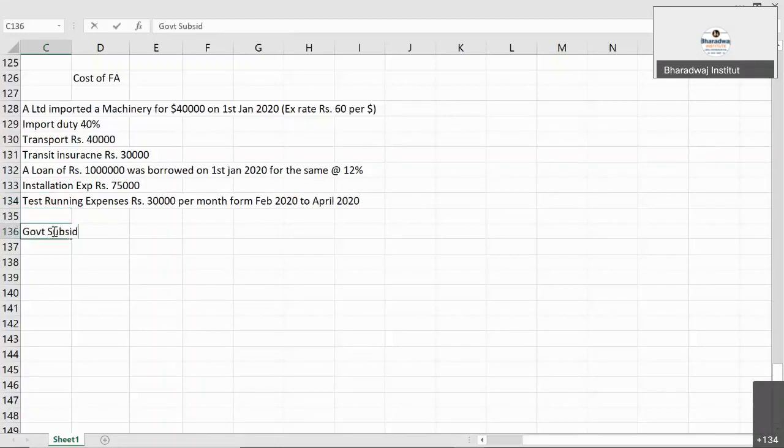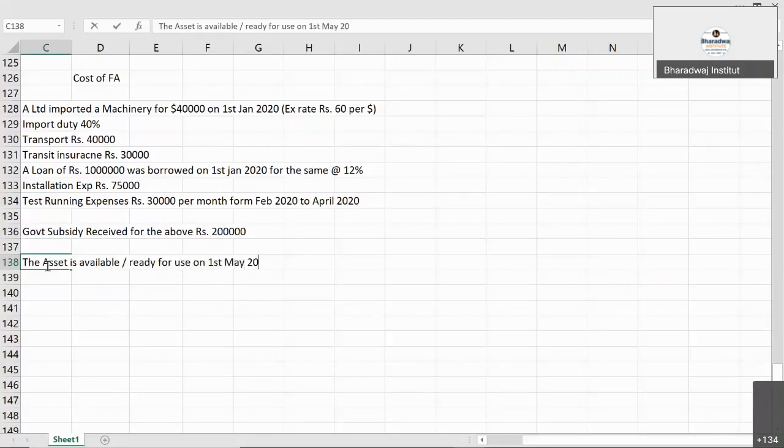Government subsidy received for the above is 2 lakhs. So find out the cost of fixed asset. The asset is available, or you can say ready for use, on 1st May 2020.